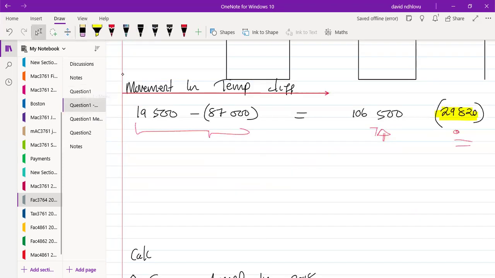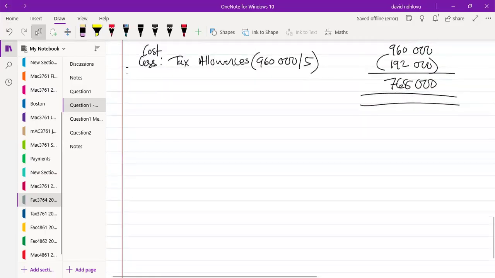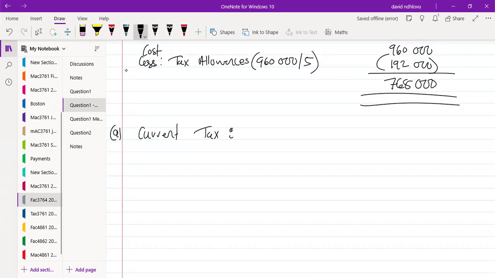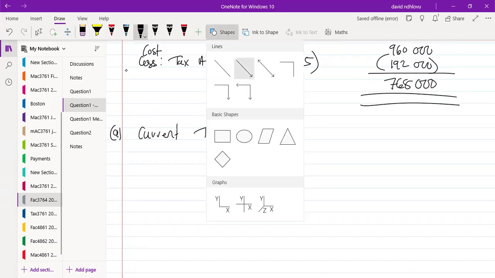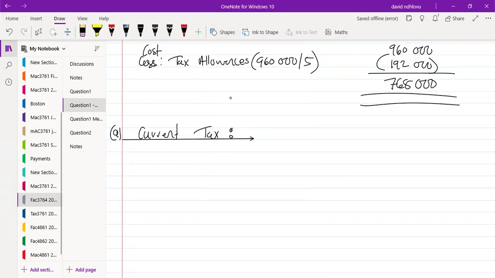Right, so now we want to know the current tax, which is the amount that we have to pay to SARS. So we'll come here and say current tax amount. Right, on the current tax, we always start with the profit before tax. We always start with the profit before tax amount.